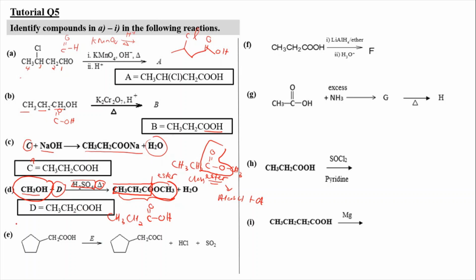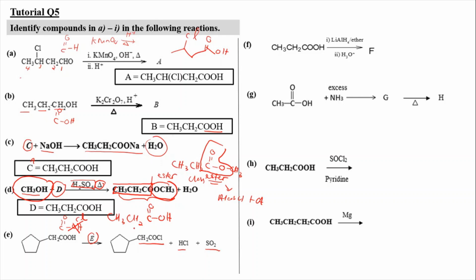Okay, and now for E, we have our carboxylic acid here. It's going to be reacted with a reagent E in order to substitute the C double bond OH here, which will now change into Cl. So it's going to become like this, and the byproducts here are going to be hydrochloric acid and sulfur dioxide.